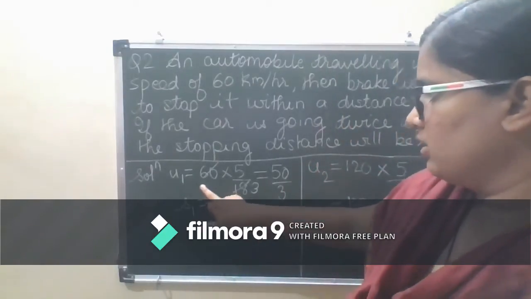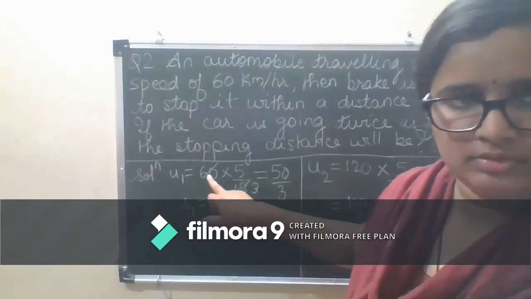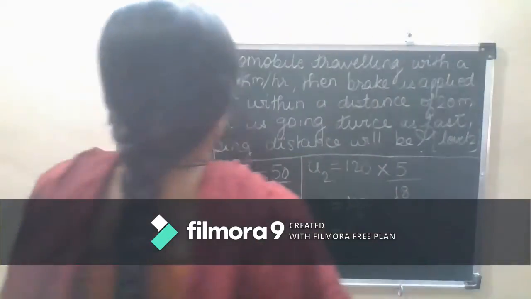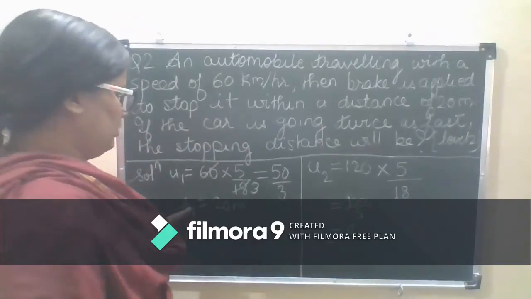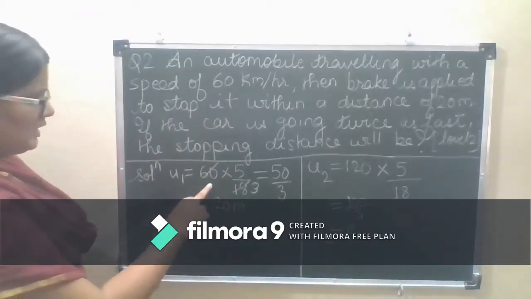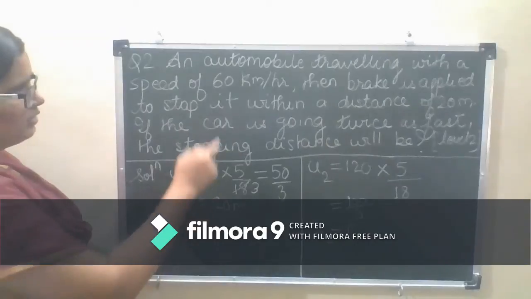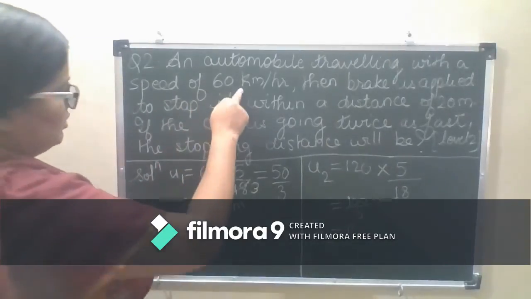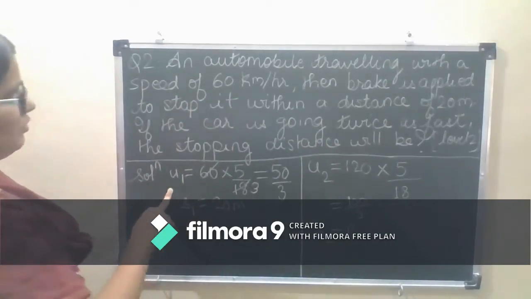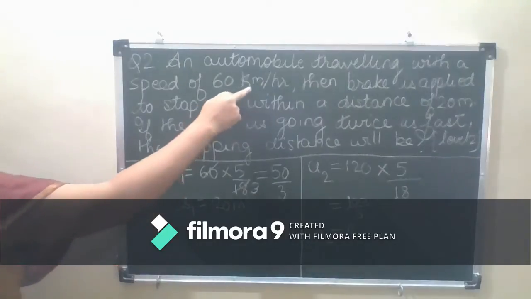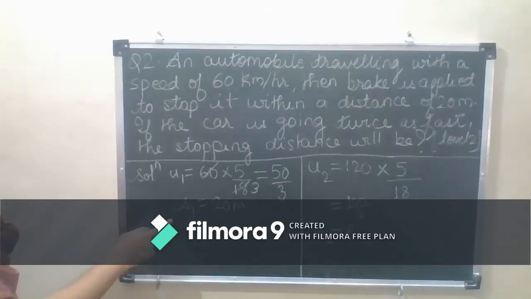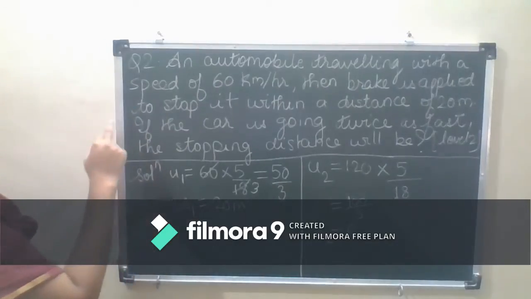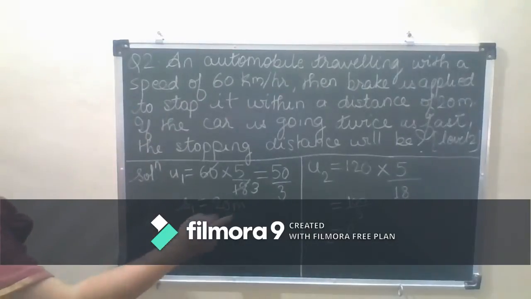u1 is given as 60 km/h. Here an automobile is traveling at 60 km/h. We have converted kilometer into meter for u1, the initial velocity, and s1 is 20 meter.